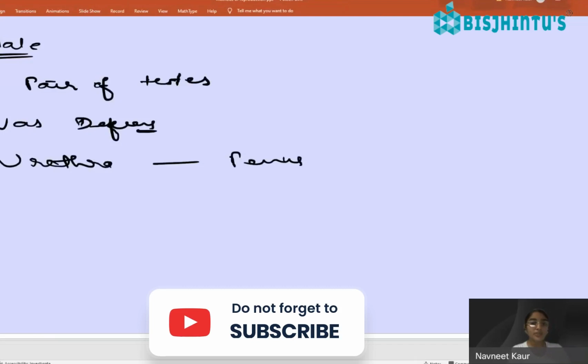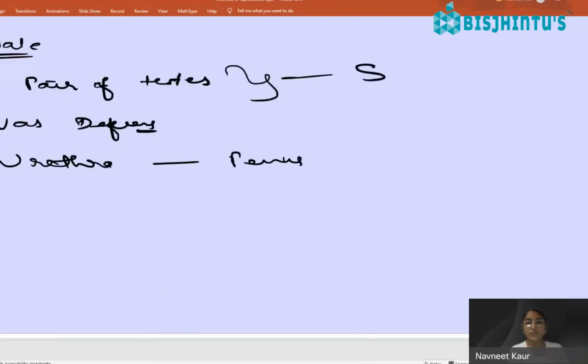And here you need to remember that the testis is produced in a bag-like structure called the scrotum. A question will be asked related to this part, scrotum.